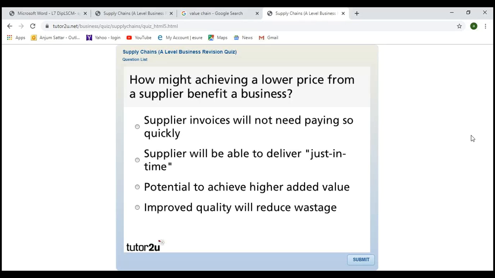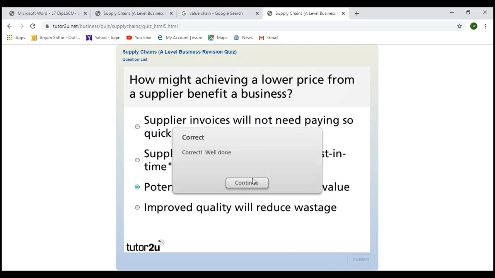Next is how might a business achieve potential to achieve higher added value. Potential to achieve higher added value.